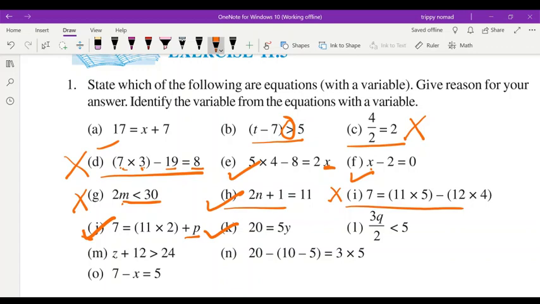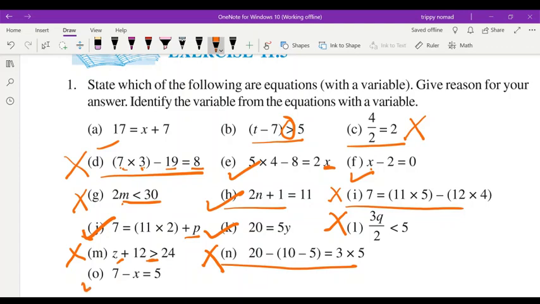Then come to this one, M. Here what have they given? z, but they have not given an equal sign, so this is not an equation. And here they have not given a variable, so this is not an equation.